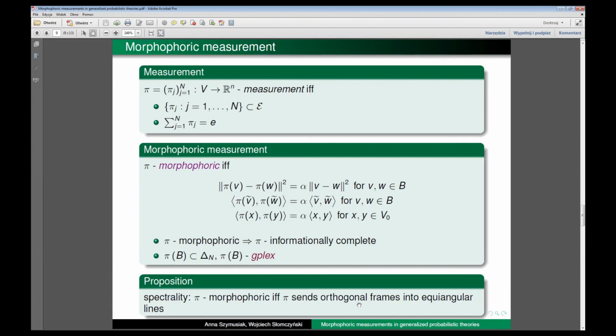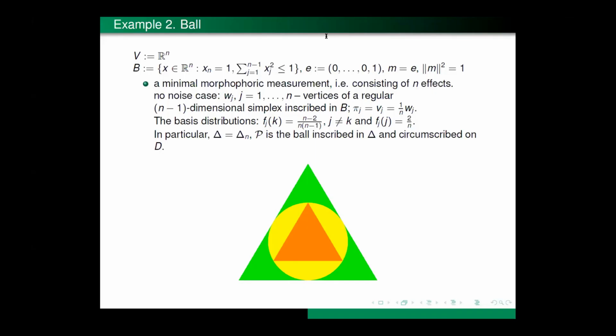This picture is in the two-dimensional case, but it can be easily generalized to any dimension. I have to stop sharing. Sorry. Your picture is visible now, I think. Okay, yes, it's fine.